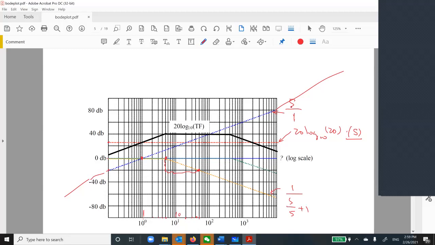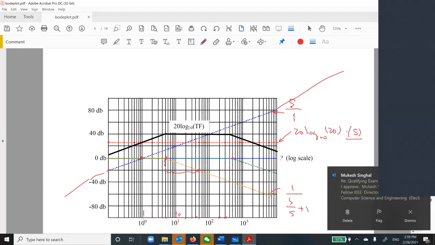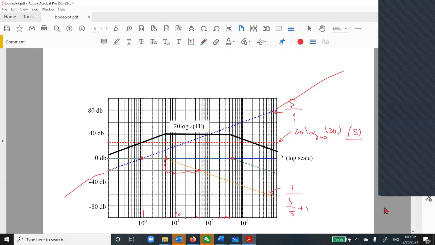Same thing is true for 500. We have 100, 200, 300, 400, 500. I know the slope will be minus 20 dB per decade, and this is 500. Then I need to go to 5,000.